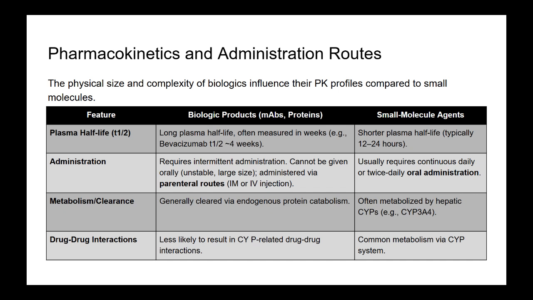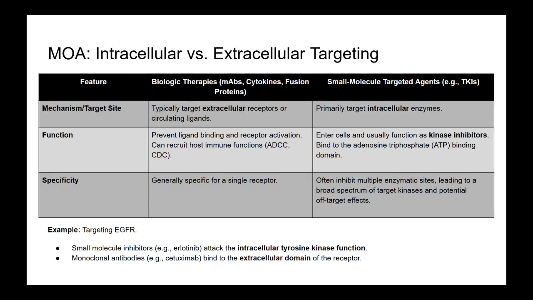Okay. And the large biologics, then, confined mostly to the outside of the cell, have to operate completely differently. They absolutely do. Monoclonal antibodies, for example, are usually highly specific. They're designed to target just a single extracellular receptor on the cell surface, or perhaps a circulating ligand, like a growth factor, floating around outside the cell.